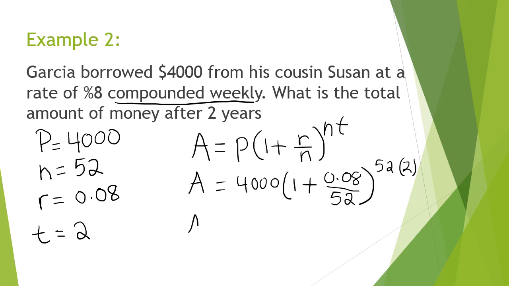And after I plug in all these numbers in the calculator, just the way I see them, I'm going to end up with $4,693.47. And that's the final balance.